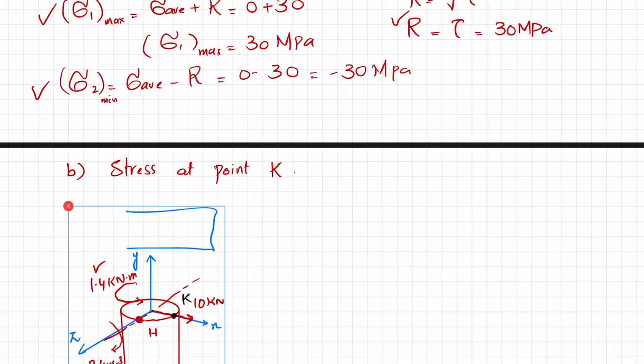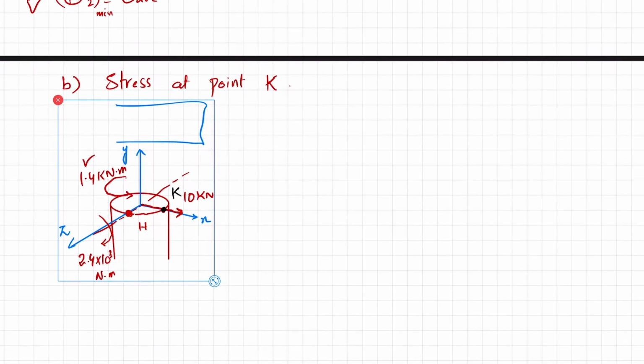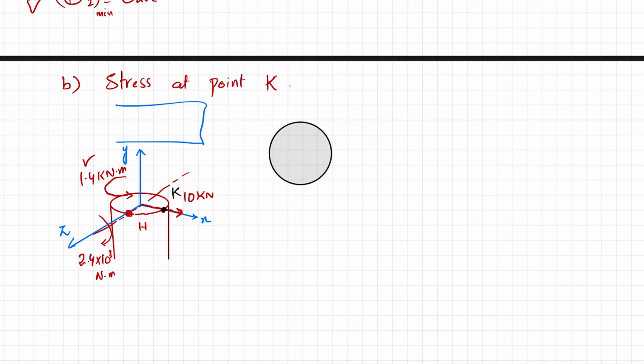Okay. So now you can see that this is point K, and if I draw the top view, this is the top view, this is its neutral axis, this was your point H, now this is your point K. Clear?